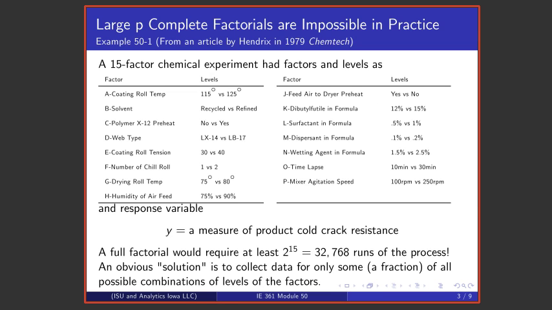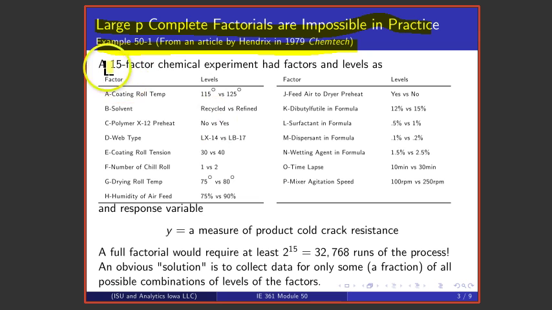Here is, again, more motivation for this last set of material. It's motivation that says, again, that large p complete factorials are impossible in practice. Here is an example taken from an article by Hendricks in a publication called ChemTech.